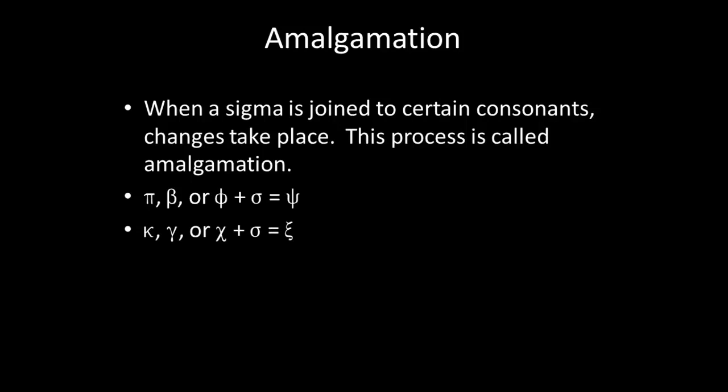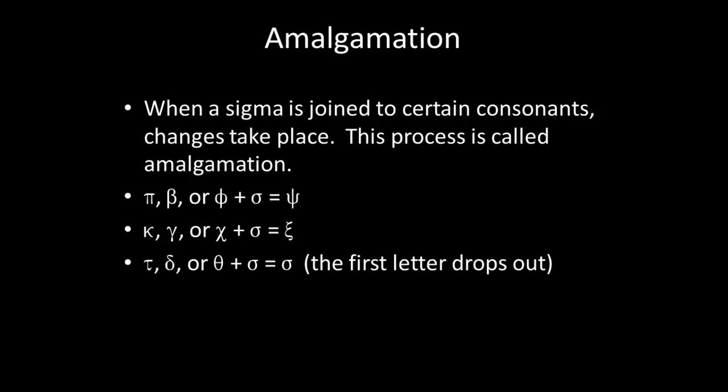Also, think about this. If you have a kappa, a gamma, or a chi, the k sound is going to go with the sigma to make ks, the letter xi. So kappa plus sigma equals xi. Gamma plus sigma, gs, forms a xi. And the chi plus sigma, ks, forms the ks sound. So kappa, gamma, chi plus sigma equals xi.